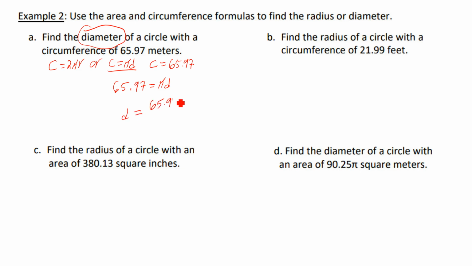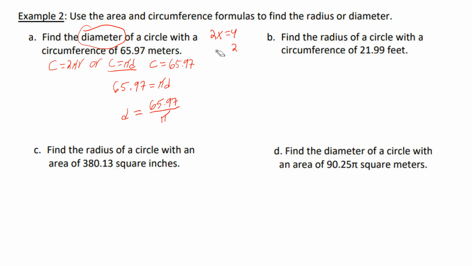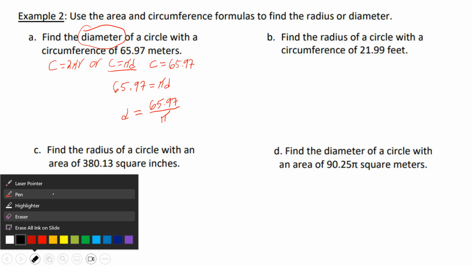Don't forget, pi is just a number. So algebraically, it still works the same way as if we had 2x equals 4. You're looking for x, so you just divide the 2 over. It's the same algebra. It's still a number. All the same algebraic rules still apply to it. So you can just divide it over.